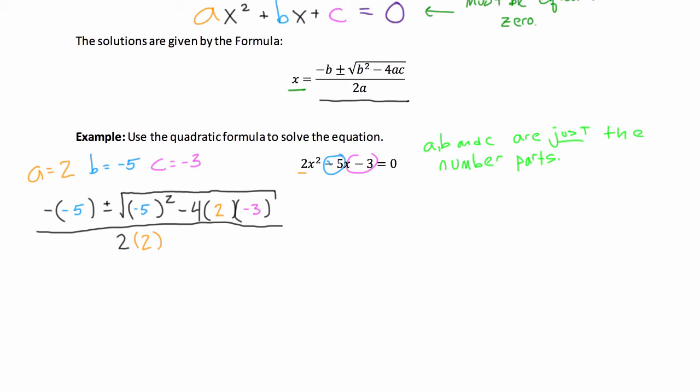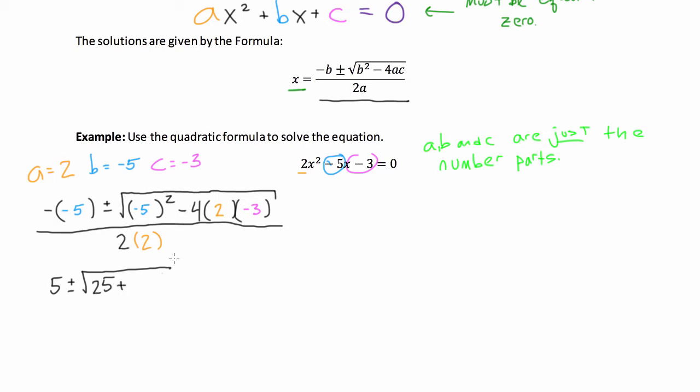So now I'm just going to go through and start simplifying this, and you need to be pretty careful. So the opposite of -5 is 5, plus or minus the square root of -5 squared, remember that's +25, minus 4 times 2 times -3. So that means this thing is going to be negative and it's being subtracted.